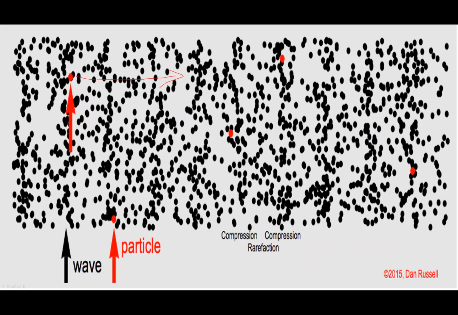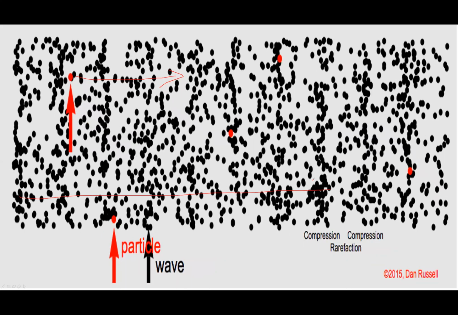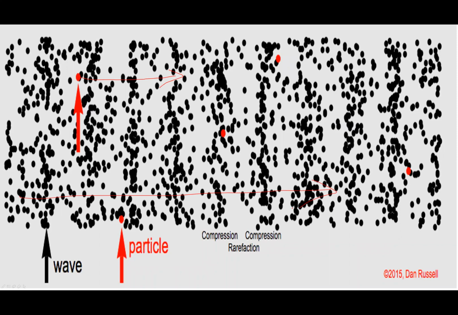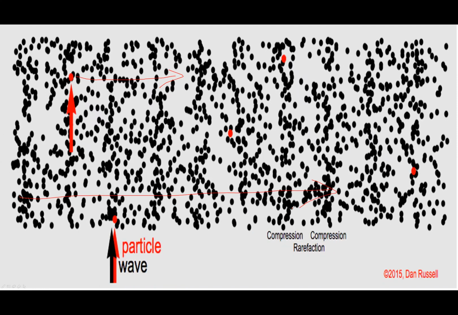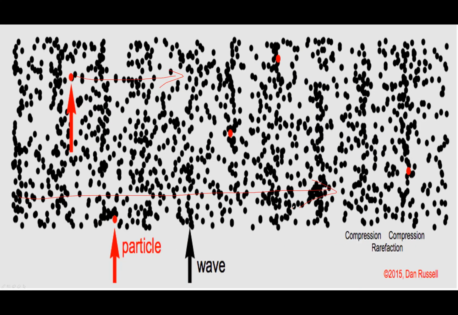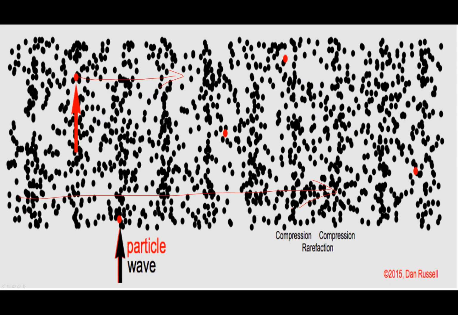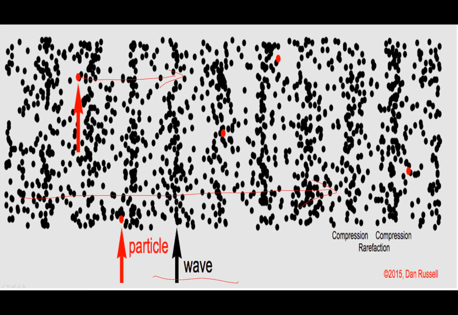The medium motion is also in this direction. So it's a longitudinal wave, in which the motion of the particles is parallel to the direction of propagation of the wave. The direction of propagation of the wave is this one. The wave is propagating in this direction.